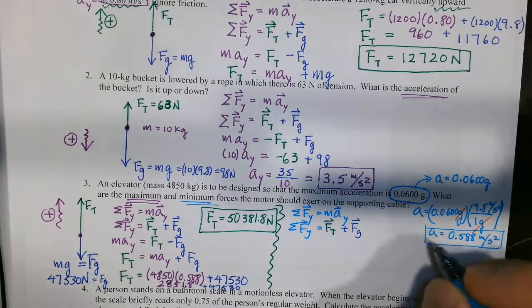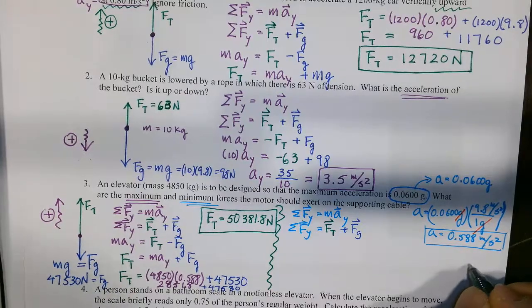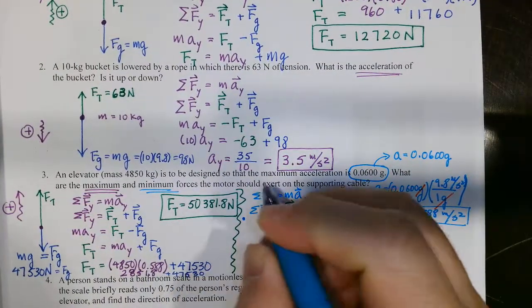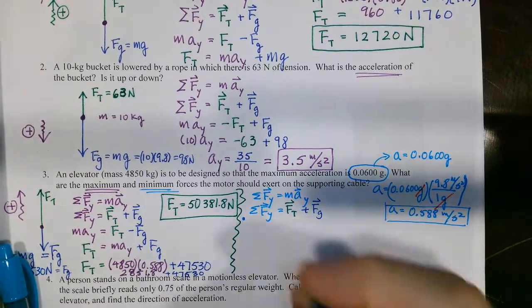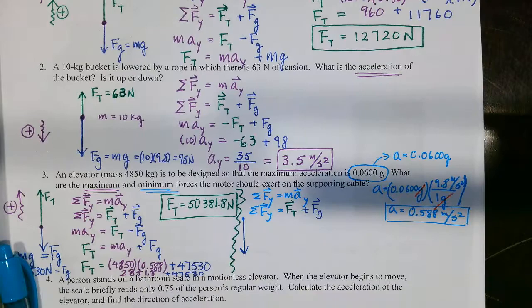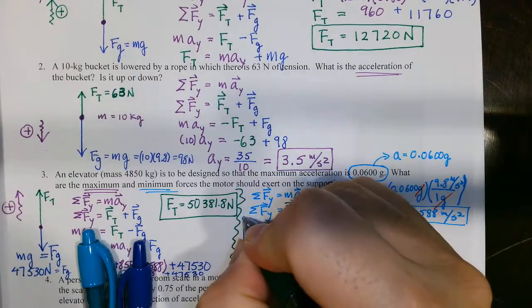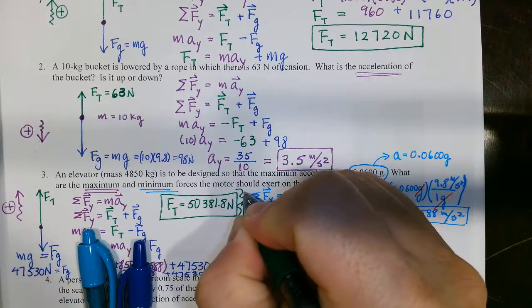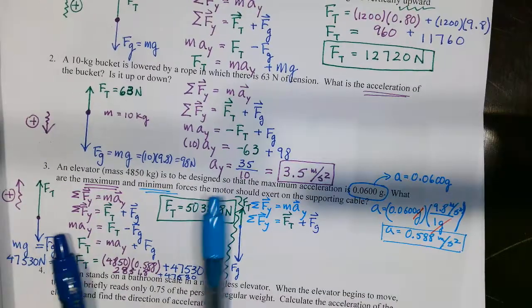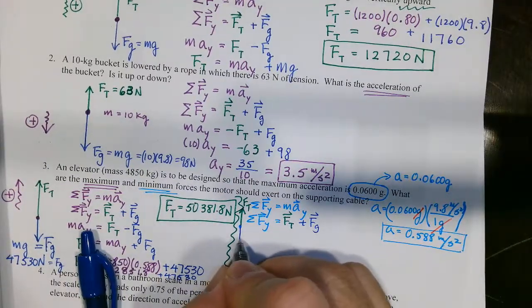Well, this time we have the elevator and FG is going down, right? FG is going down, and F tension is actually going up, and it's smaller, right? And downward direction is positive.